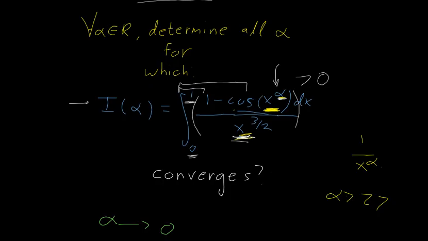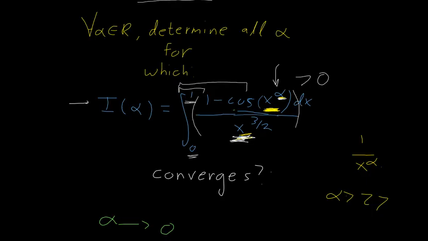So there are infinitely many intervals near 0 where the numerator is not small. On those intervals, the denominator is extremely singular, of course, because you have the x to the 3 halves. That's two singularities.